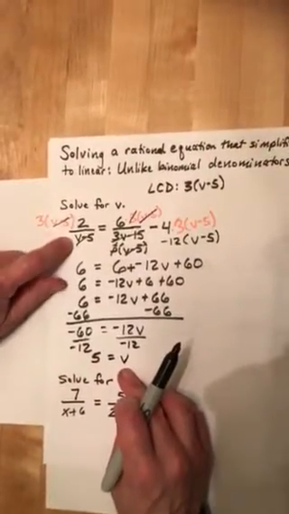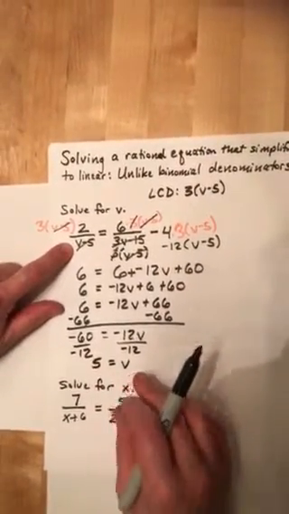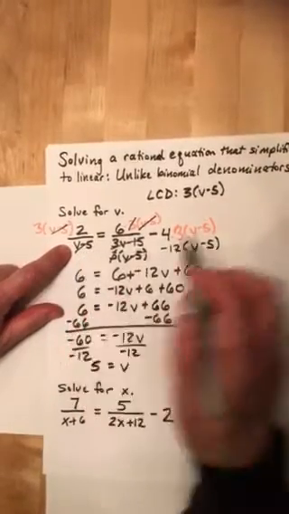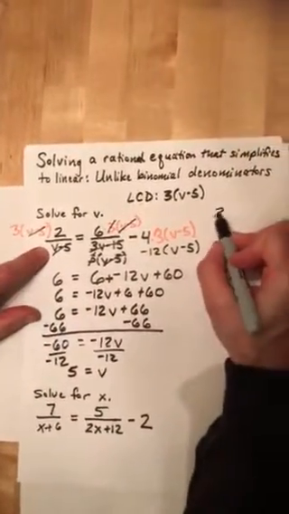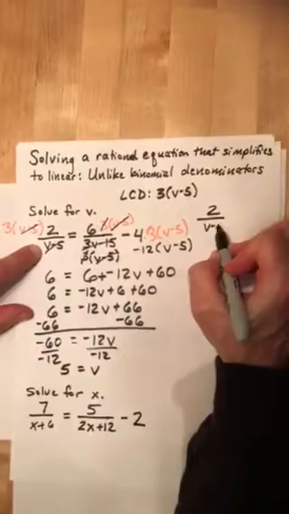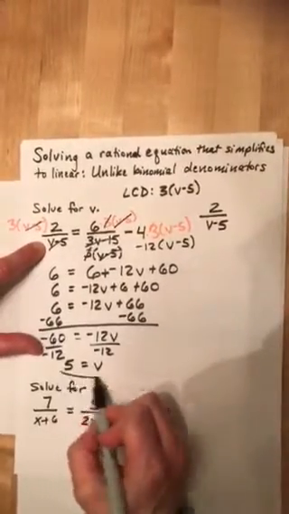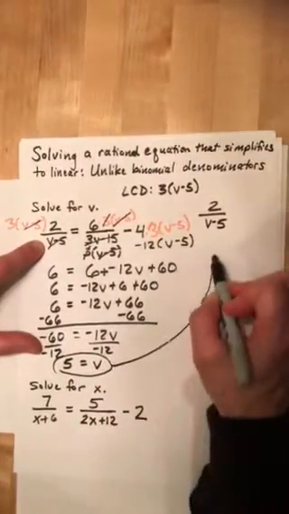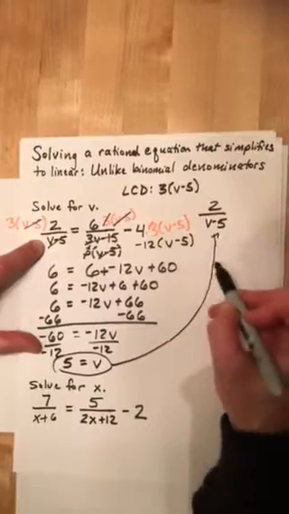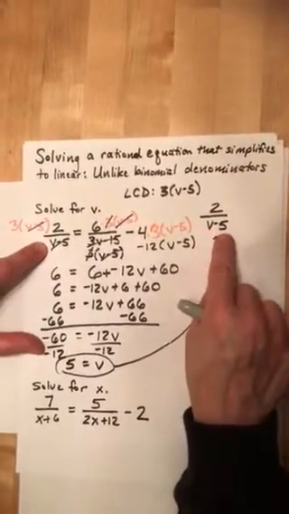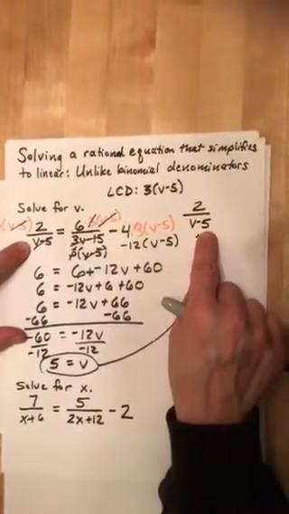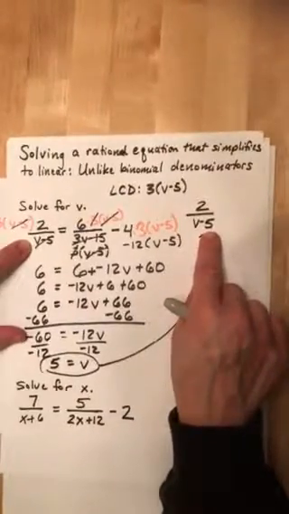but I have to remember that when I have fractions, I want to make sure that there's no zeros in the denominator. So if you look at this original problem, I had a 2 over a v minus 5. You notice that if I put that v equals 5 in here for the v, I would get 5 minus 5, or a 0, in the denominator. That's undefined.